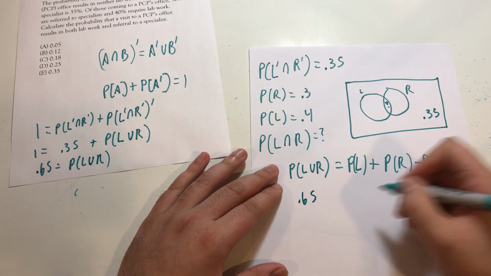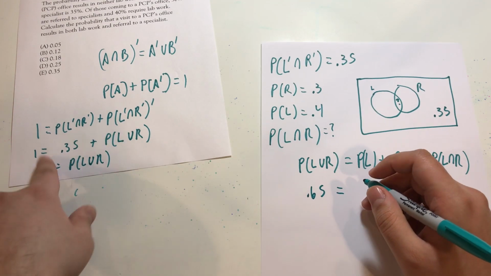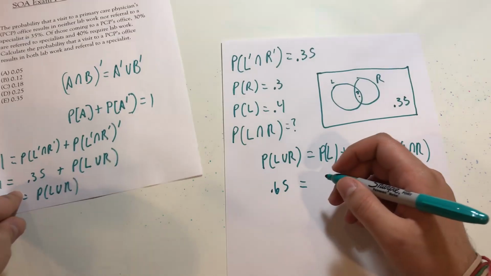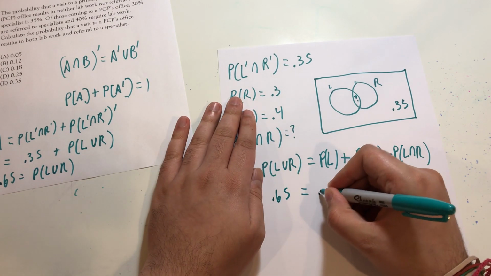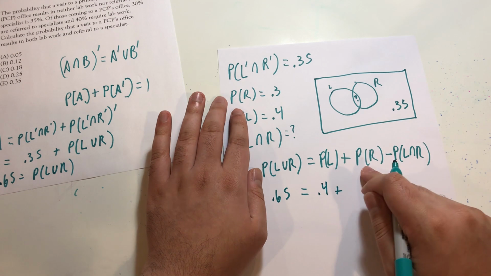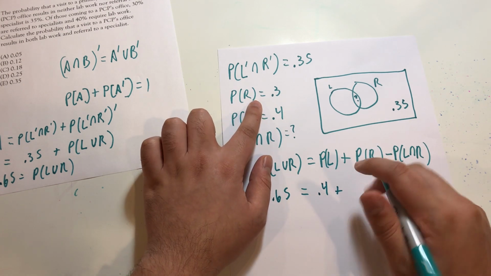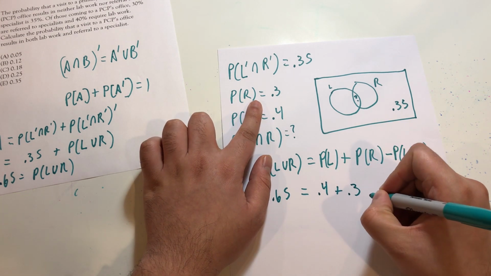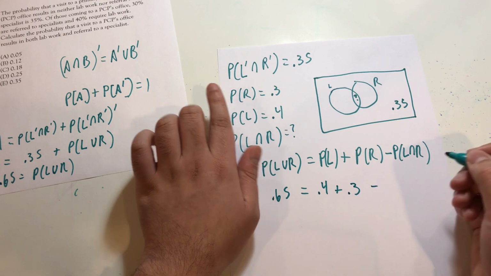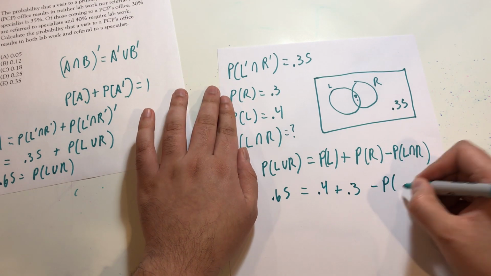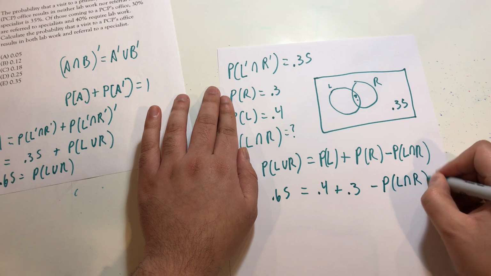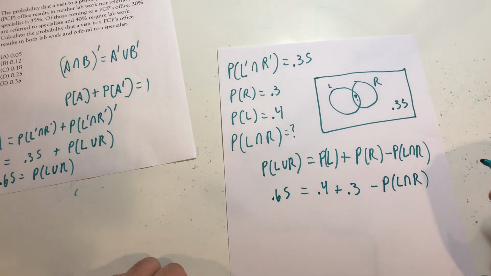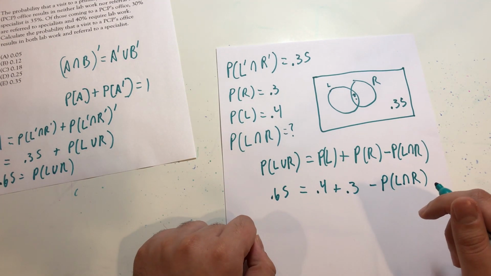0.65, which I got from here, is equal to the probability of L, lab work, that's 0.4, plus the probability of a referral, which is 0.3, minus the thing we're looking for, the probability that you have lab work and are referred to a specialist. Now, these sum up to become 0.7.